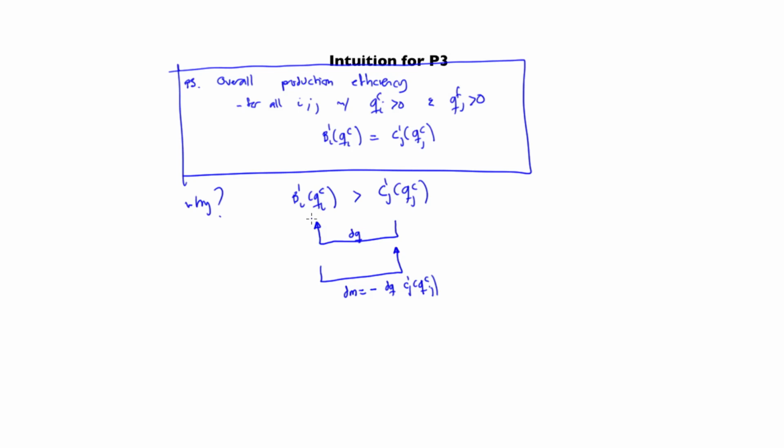But notice what happens to the consumer's utility: the change in utility for I is equal to dq times bi prime of qic minus dq times cj prime of qcj, which is greater than 0. In other words, if the marginal benefit is greater than the marginal cost, we can improve utility in the economy by taking the cost of production from person I and increasing the amount that gets produced and therefore consumed by person I by a tiny bit.